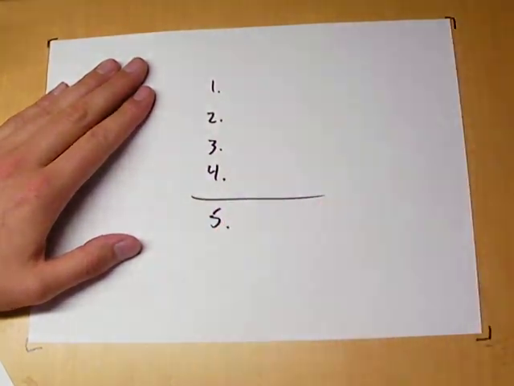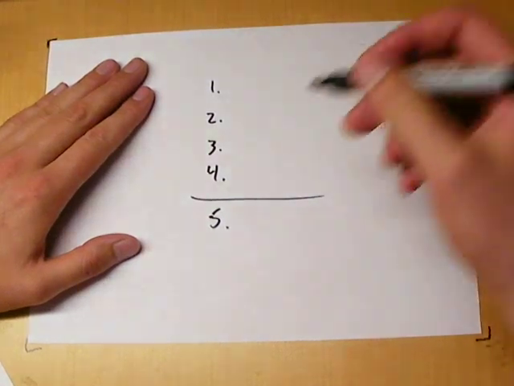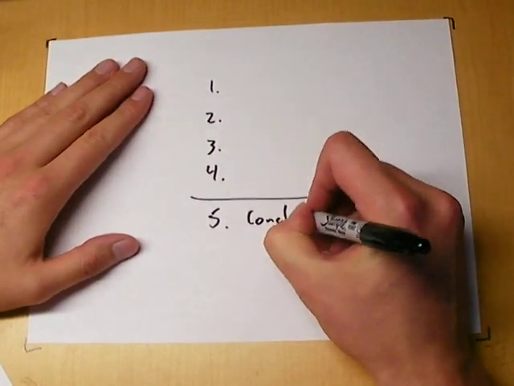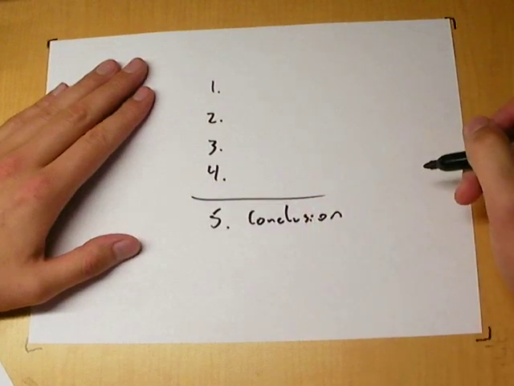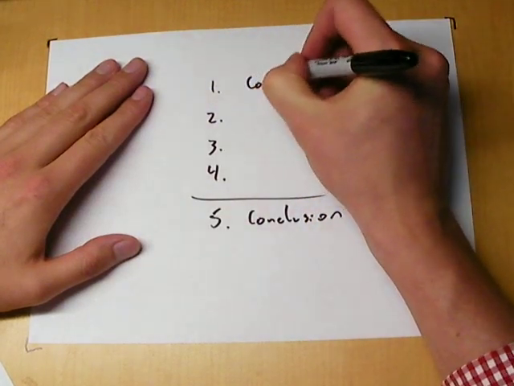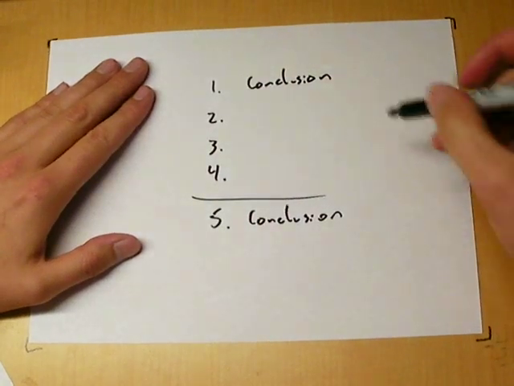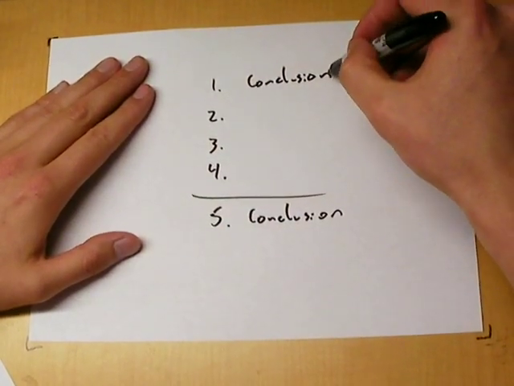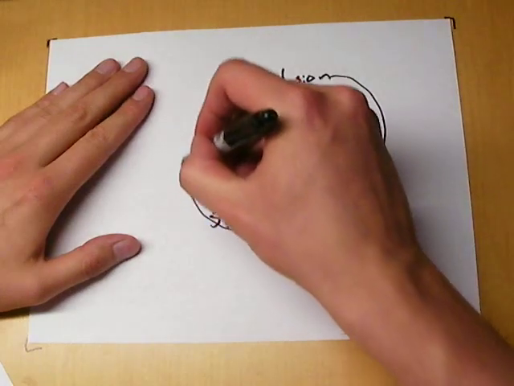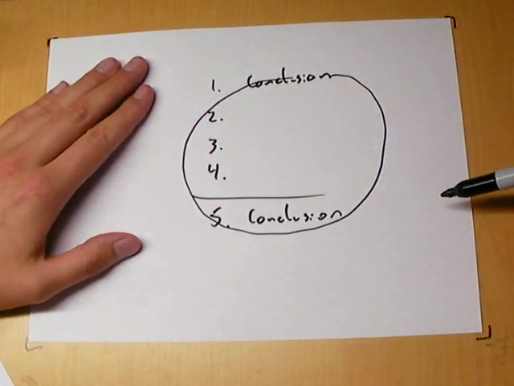So in a circular argument, your conclusion is actually also the premise of an argument. Let's suppose, in this case, it's actually premise one. And so it's a circular argument, and that you're just reasoning in a big circle.